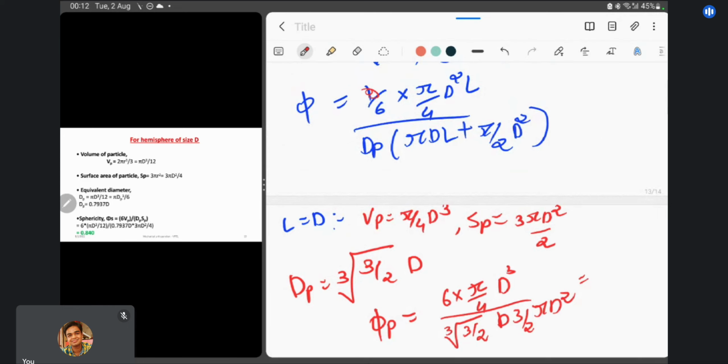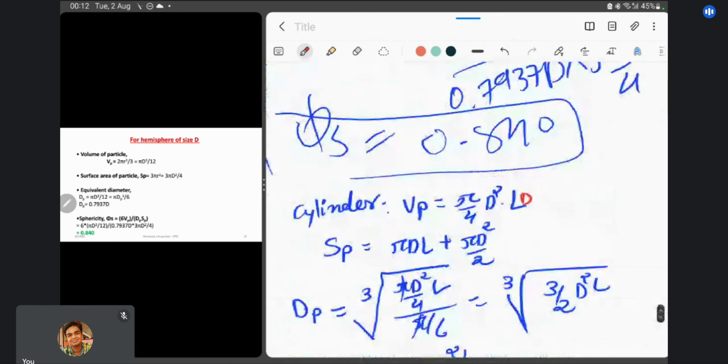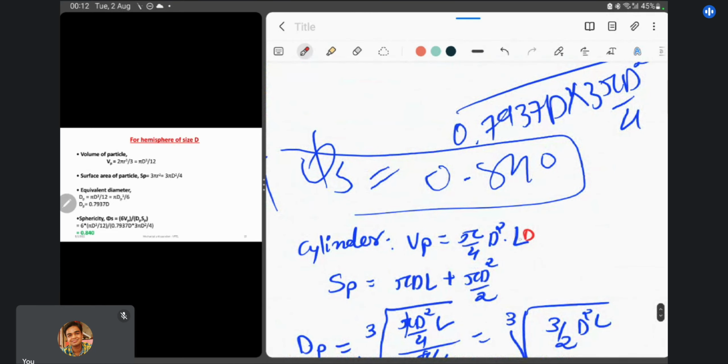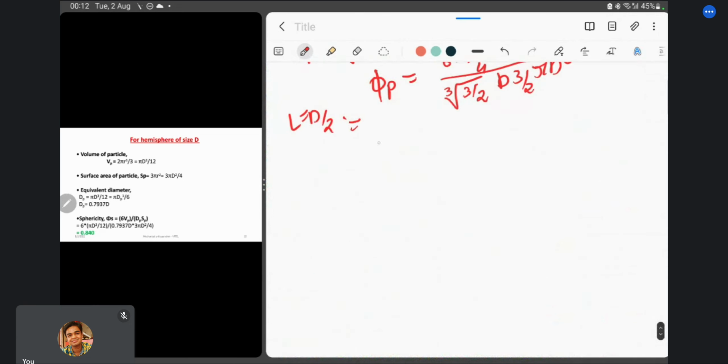For this, if I remember, L equal to D comes around 87 something. We will see in the table. There is one table also. If we consider L equal to D by 2, then we need to consider the same thing, but here with D by 2, Vp is equal to pi d cube by 8.